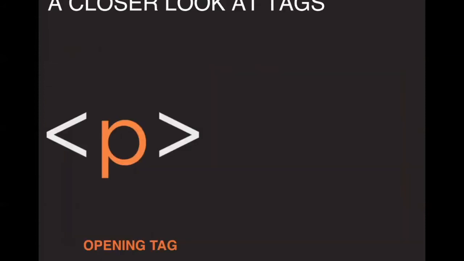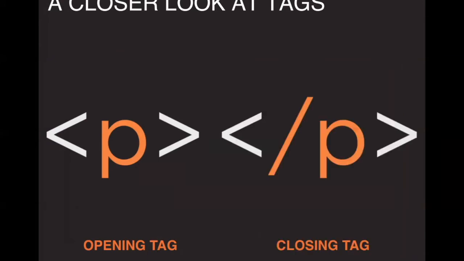Tags are typically made up of 2 different elements, an opening tag, which is indicated, and a closing tag. And these are indicated by angle brackets in the white, and then typically a letter or combination of letters that will semantically indicate what type of content those tags are enclosing.